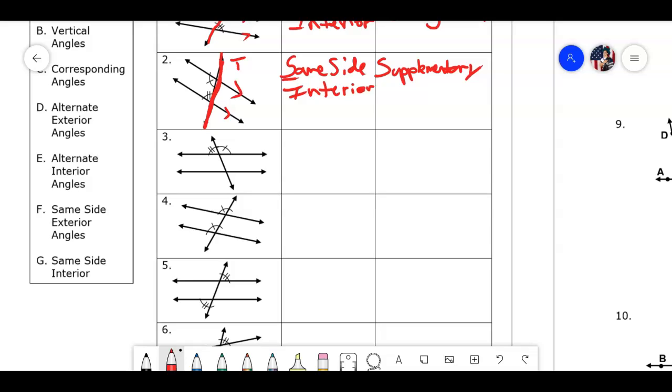All right, now check this out. Here's my transversal. These two angles are right next to each other and they make a straight line. This was from Unit 1.